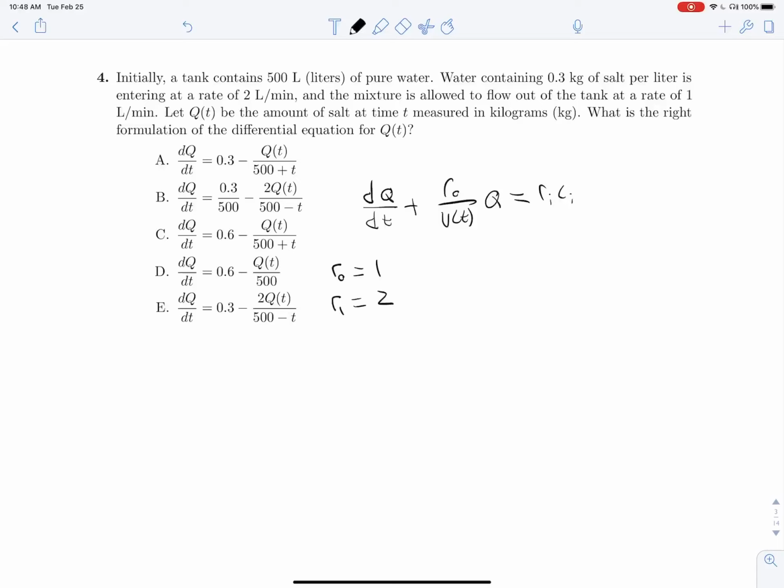Let's see, V(t) is going to be our initial volume, so 500. And then each minute we have 2 liters flowing in, 1 liter flowing out, so plus t, we want that to increase by 1 unit for every unit t. Which numbers am I missing?